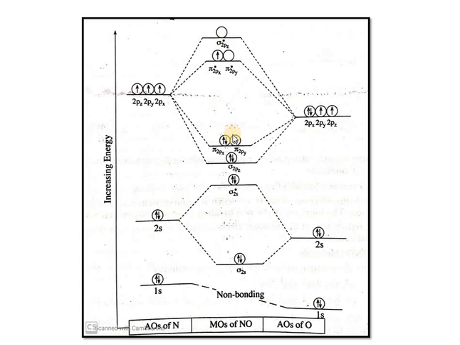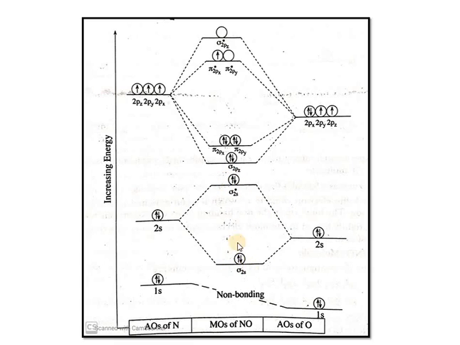Out of the 11 electrons, 4 electrons fill the sigma s orbitals, 2 electrons here and 2 electrons here.